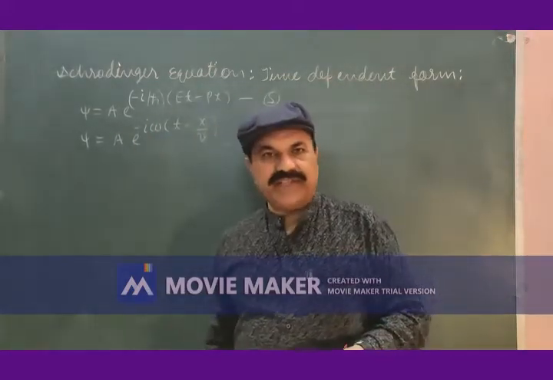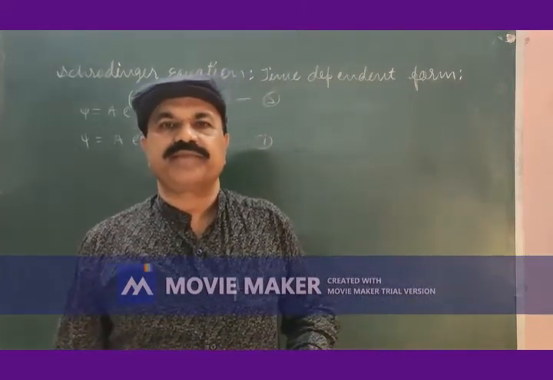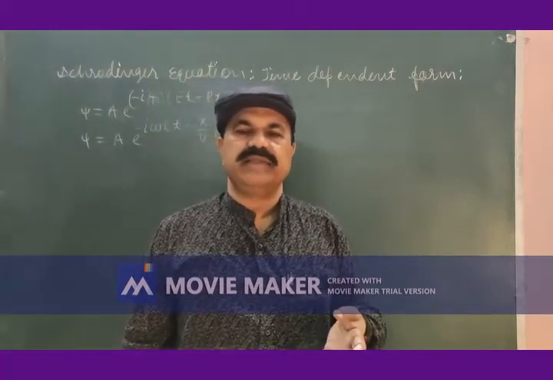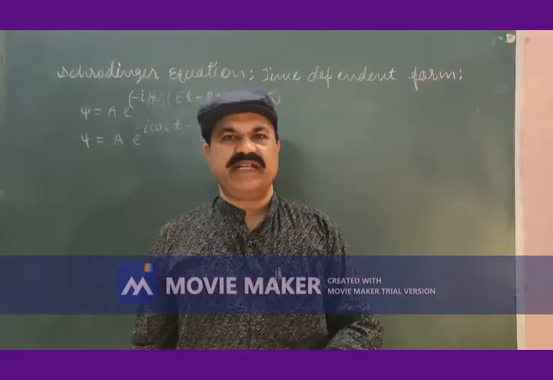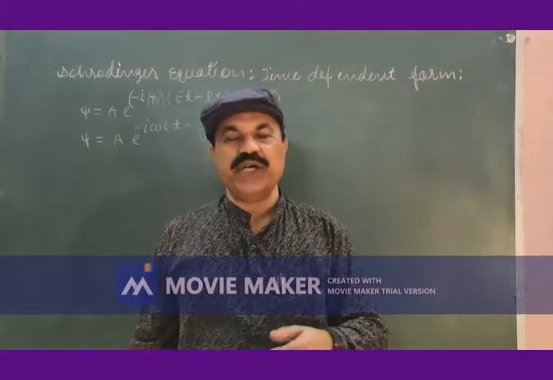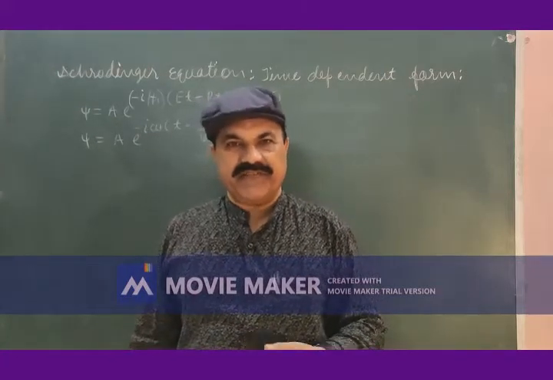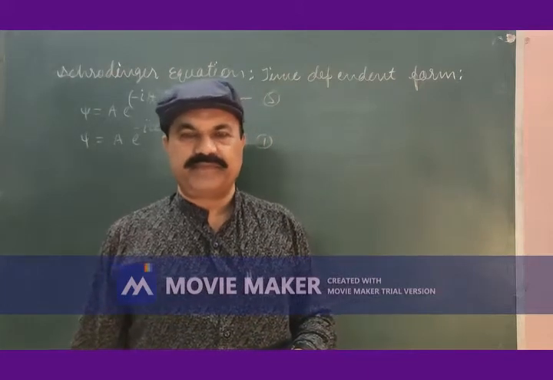The equation number 5 is the equation for the motion of a particle. This particle is an unrestricted particle. This particle is a free particle. Equation 5 is the equation for motion of an unrestricted particle.